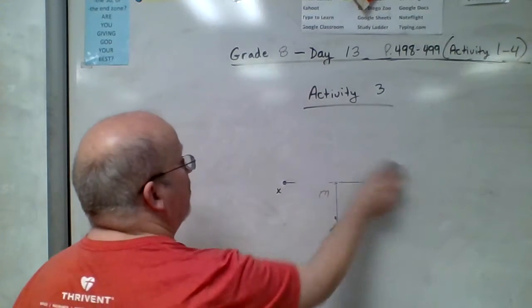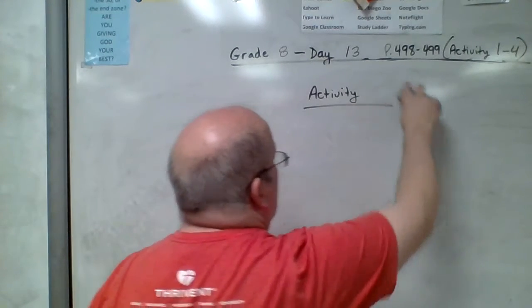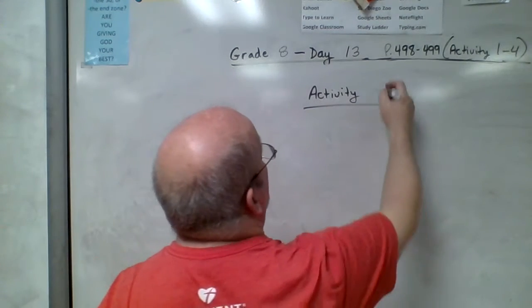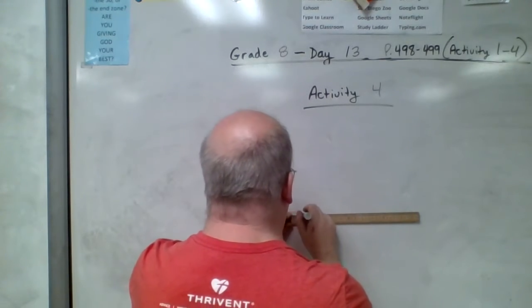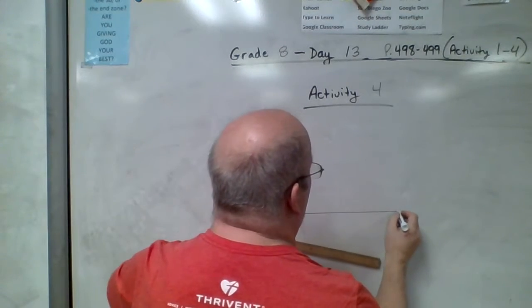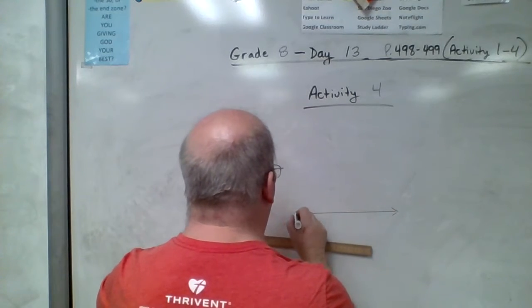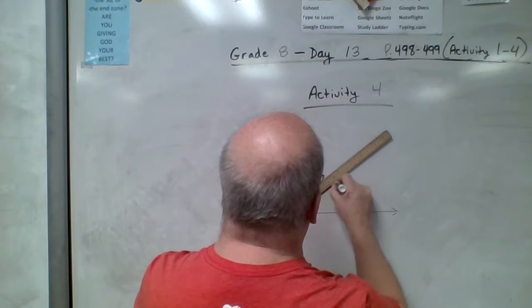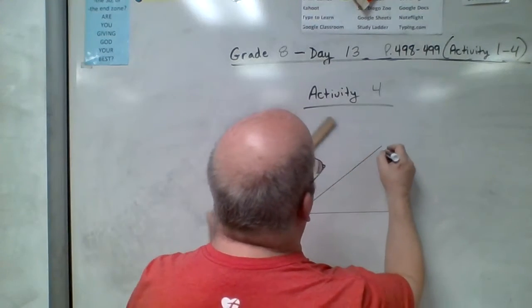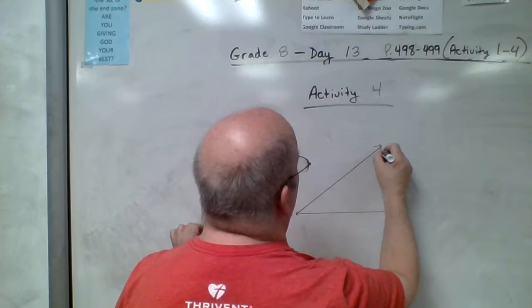Finally, the last activity, activity number 4. They want us to create an angle, and then they want us to bisect it. And by bisect, we mean divide it in half. So here's my angle.